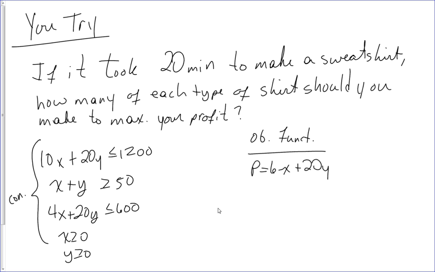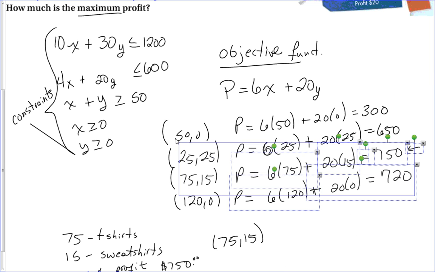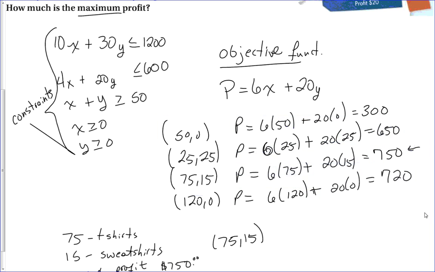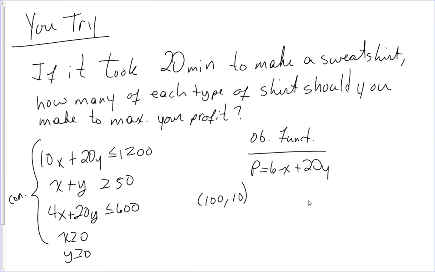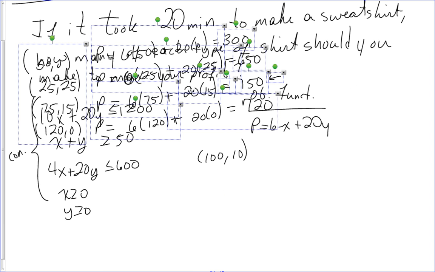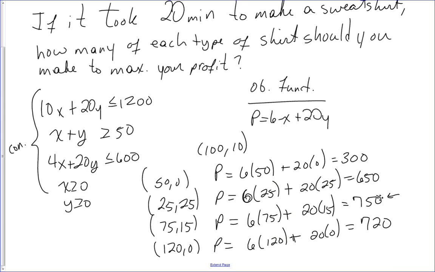All right, so let's go back to here. So our point 100, 10, because we know the other points. We know all of these points, so we don't need to redo these because our objective function stayed the same. So the only one that we need to throw out is this 75, 15 one here, because that is the point that changed.